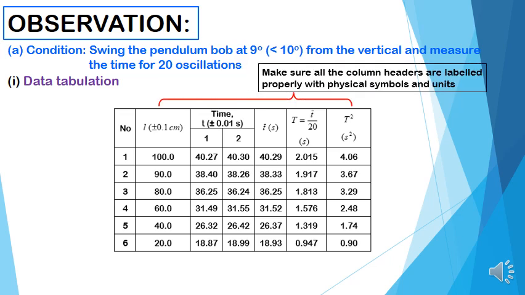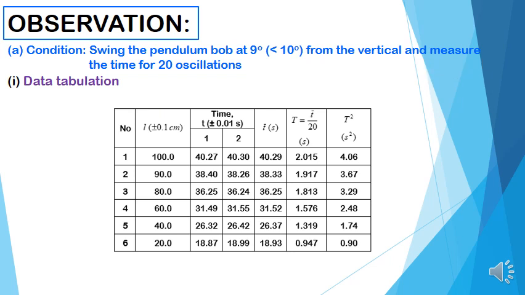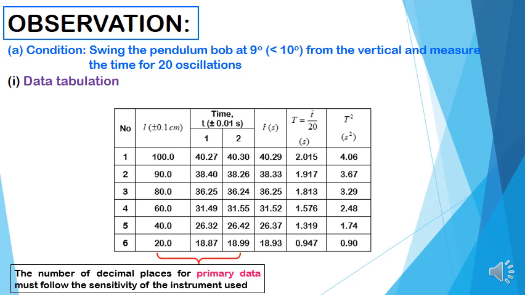Make sure all the column headers are labeled properly with physical symbols and units. The number of decimal places for primary data must follow the sensitivity of the instrument used.